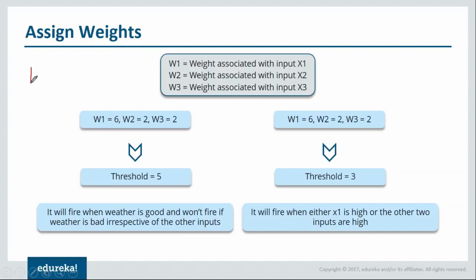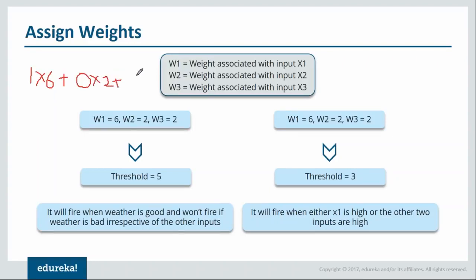When weather is good, our X1 is 1, our weight is 6, so we multiply it by 6. Then, if my wife decides that she is going to stay at home and will probably be busy with cooking, and she doesn't want to drink beer with me, so she's not coming, that input becomes 0. 0 into 2 will make no difference because it will be 0 only.